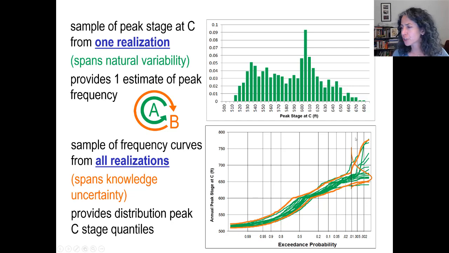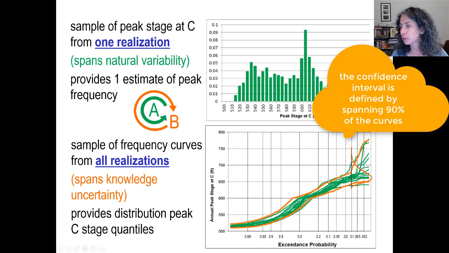I show that knowledge uncertainty by this PDF of uncertainty shown at the 1% stage. Note that the PDF of uncertainty should be visualized as coming out of the screen, and this shows my uncertainty in what the 1% stage is. And then I can also plot a 90% or a 95% confidence interval, also shown in orange to show that it is reflecting our knowledge uncertainty.